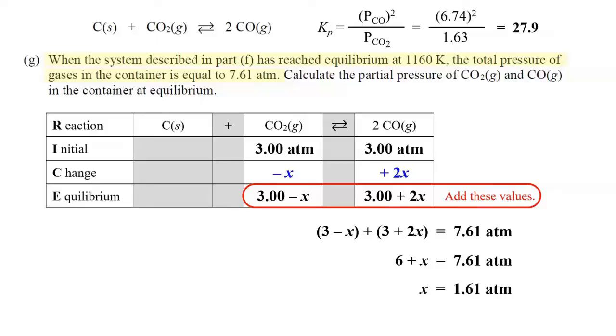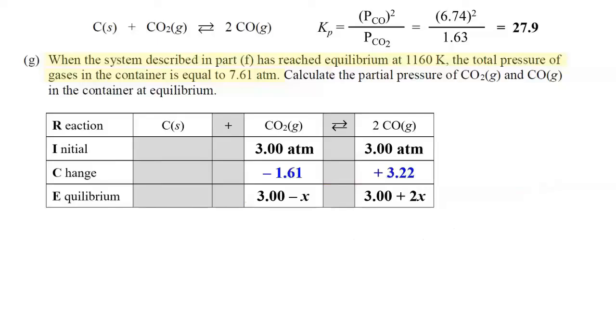Now that we know the actual number for the change, we can go back to our RICE table and fill that in. The pressure of the carbon dioxide decreases by 1.61 atmospheres, and the pressure of the carbon monoxide will increase by 2x, or 2 times 1.61, so that's going to increase by 3.22.